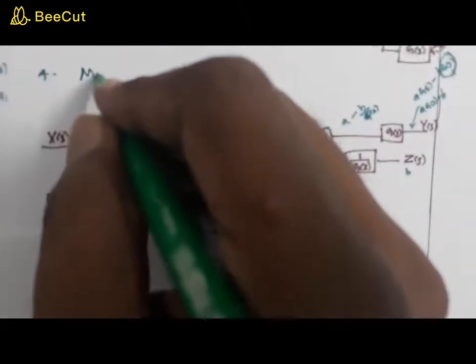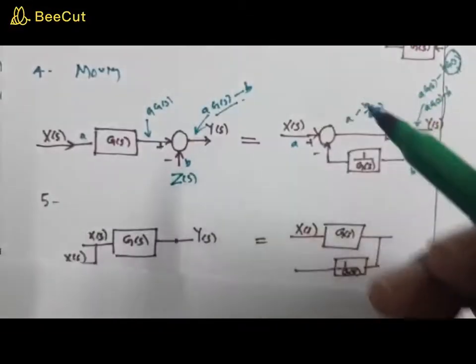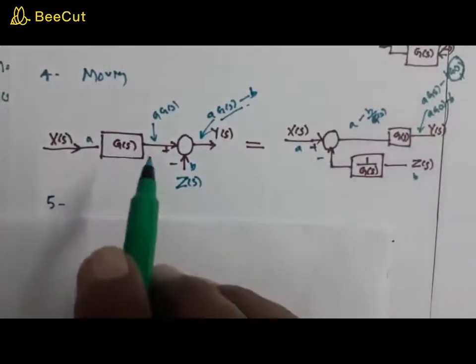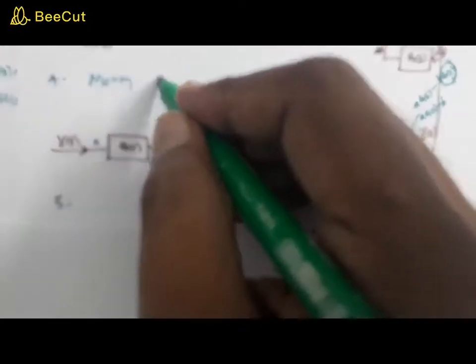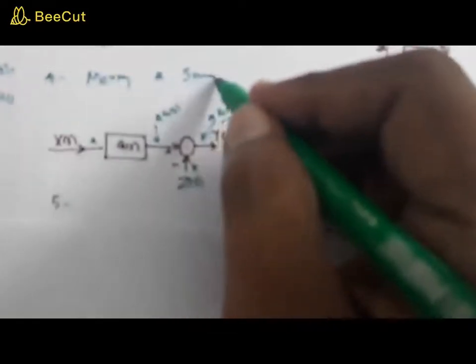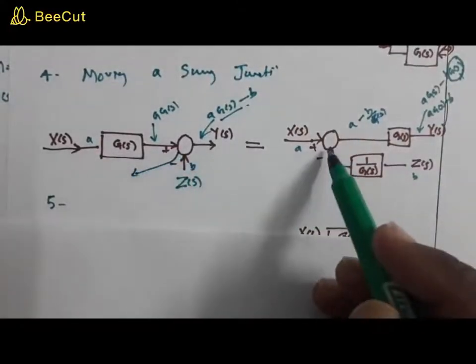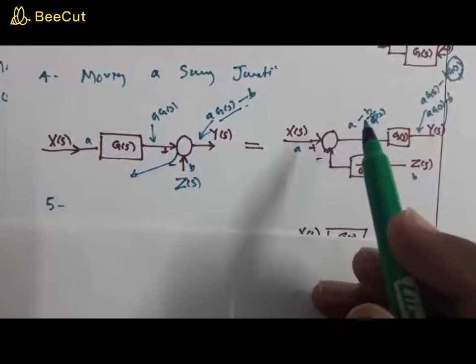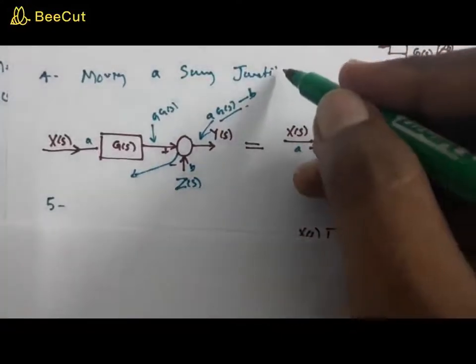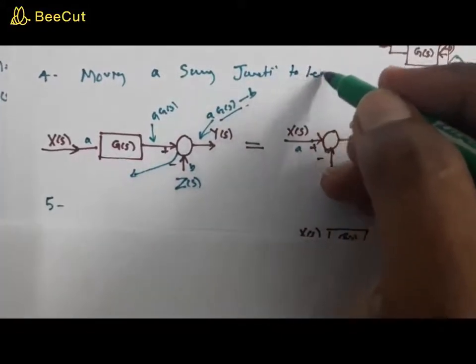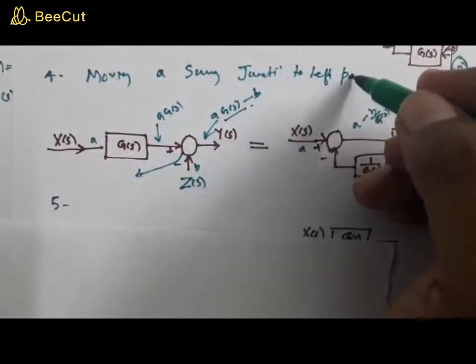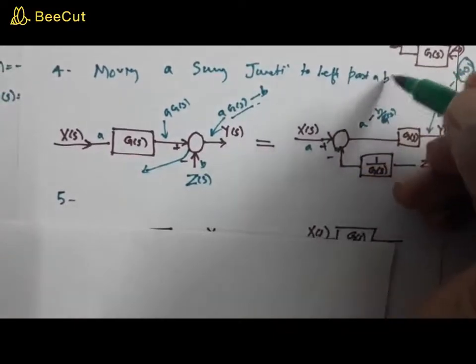You are actually moving a summing junction. This summer is moved to this position, before the block, so this is moving a summing junction to the left past a block.